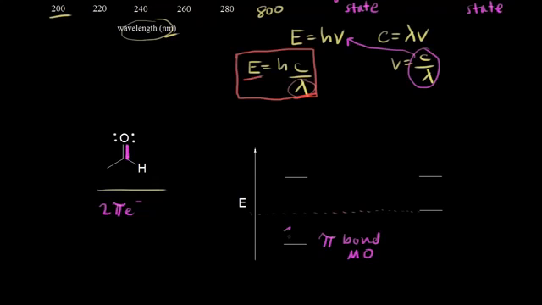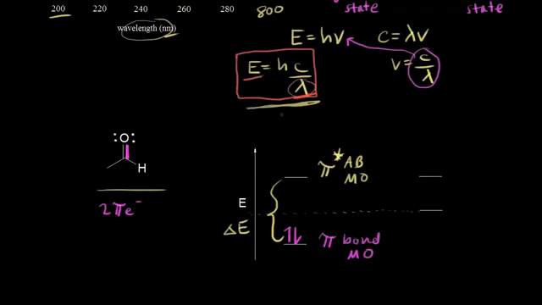So let's put our 2 pi electrons into here, and then let me change colors up here. This up here is our anti-bonding molecular orbital, which we call pi star. There's an energy difference between the bonding molecular orbital and the anti-bonding molecular orbital. This is delta E, and we talked about the fact that this corresponds to a certain wavelength of light.